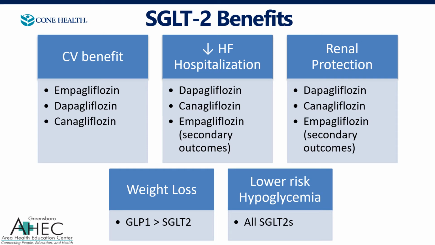For patients that you would be starting it for the heart failure benefit, that would be dapagliflozin, canagliflozin, and then empagliflozin. However, empagliflozin is the only medication in this class that doesn't have primary outcomes for decreasing heart failure hospitalization. It is only in secondary outcomes.